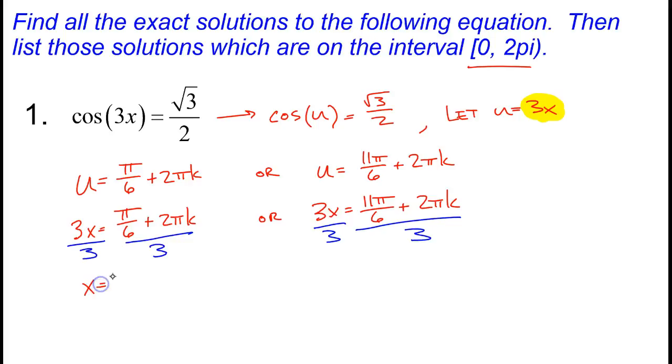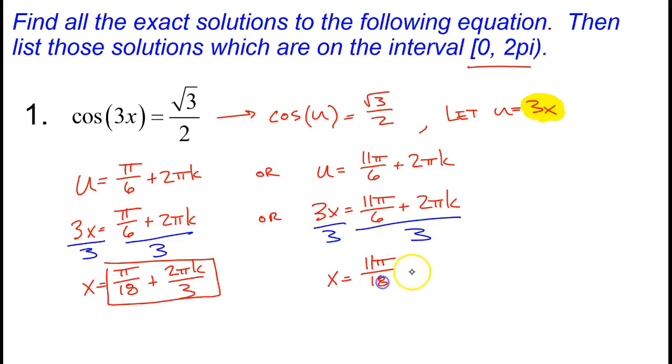x equals, let's see, pi over 6 divided by 3 becomes pi over 18, and then I have plus 2 pi k over 3. And that's one set of solutions to this equation. Over here I have x equals 11 pi over 18 plus 2 pi k over 3.